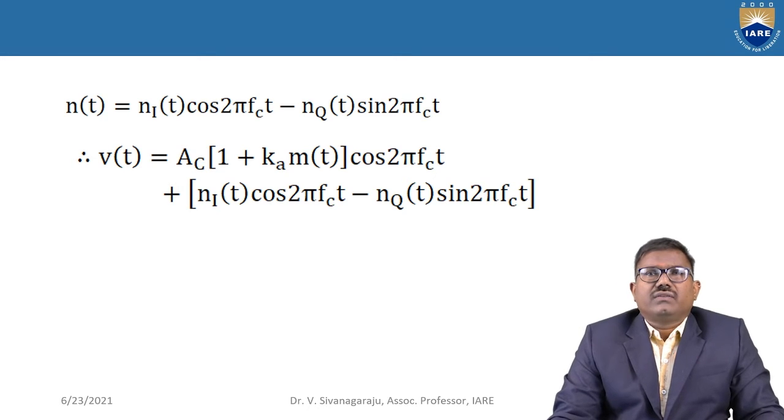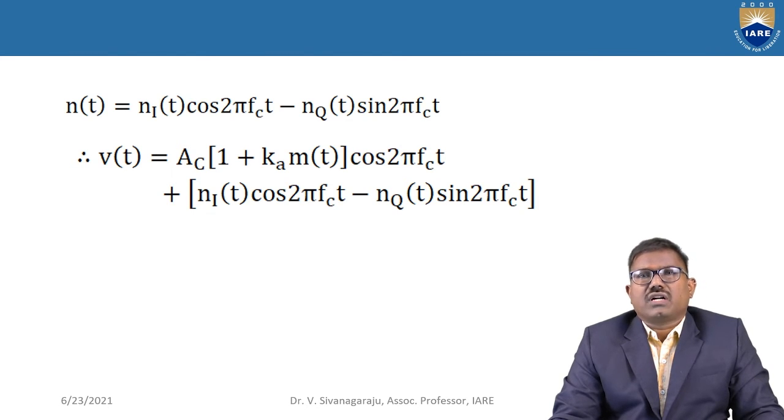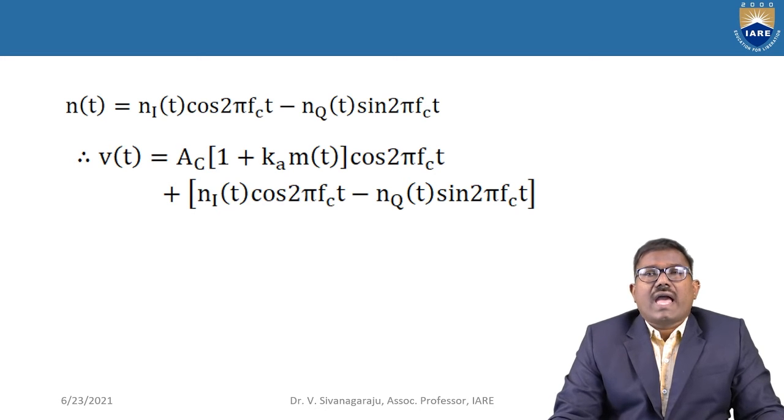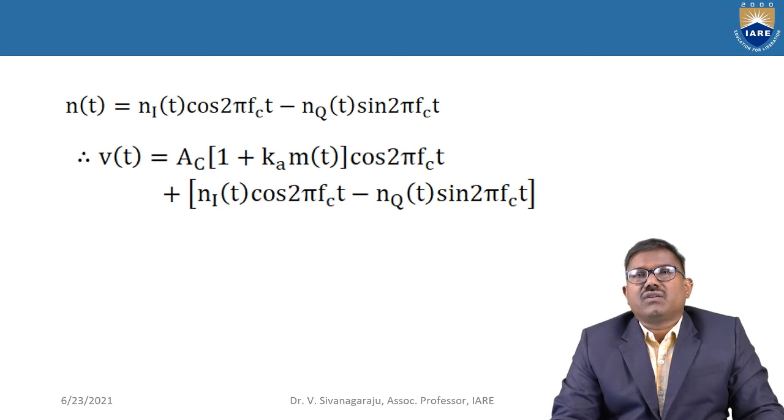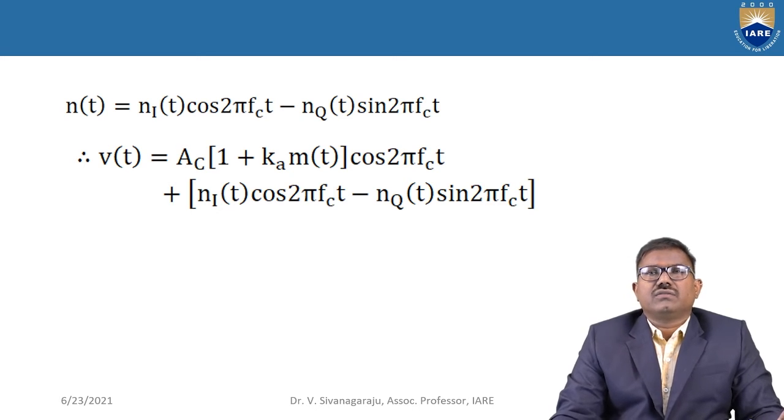So finally V of t is equal to AC into 1 plus Ka m of t into cos 2 pi fct. That is our S of t, the amplitude modulated wave, plus narrowband noise N of t. You are going to write that one.